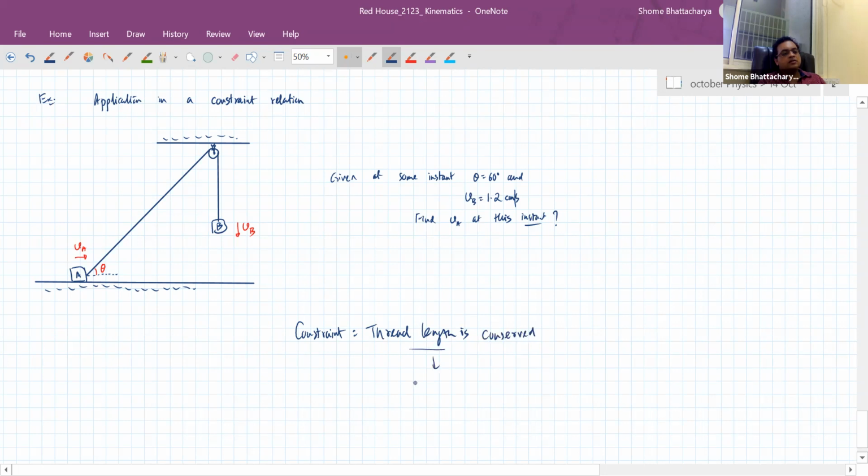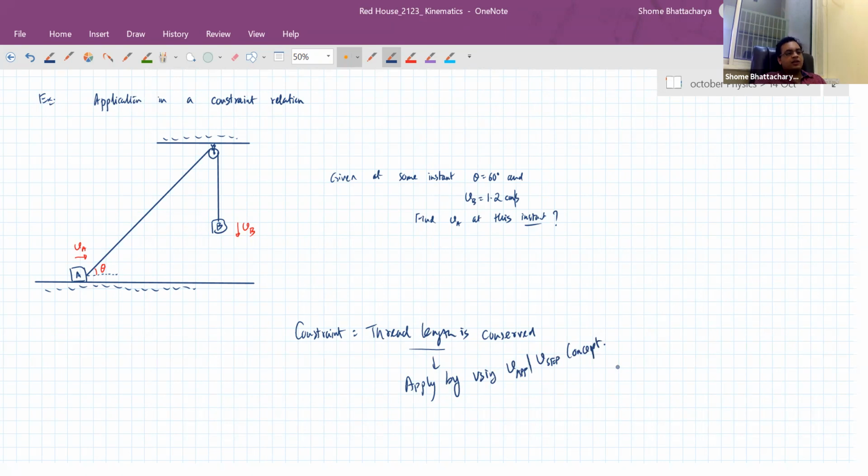But we will apply this constraint by using the approach and separation velocity concept. Just take down the question, I'll explain in a moment how it is. So this is one of the very useful applications of this concept of approach and separation velocity.